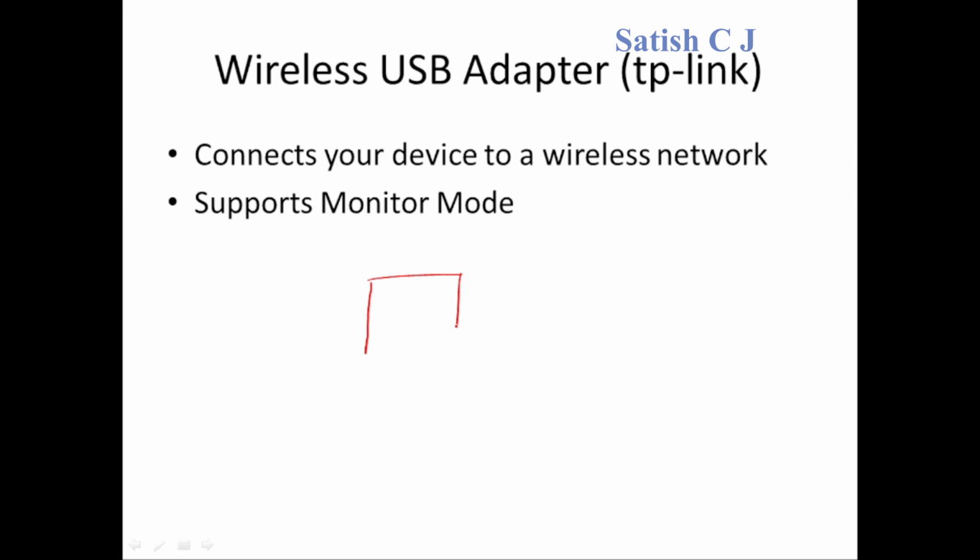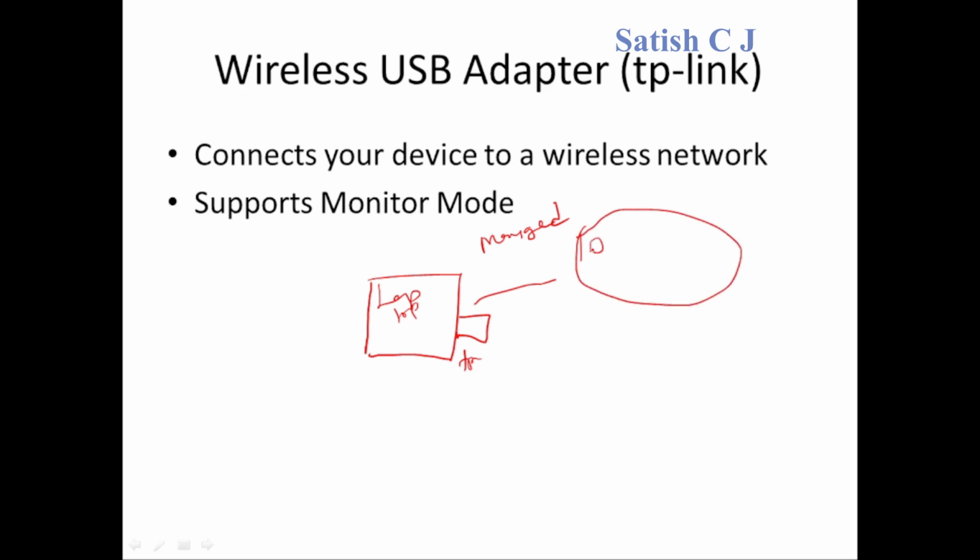So what is the use of an adapter? We plug in an adapter, that is this TP-Link adapter. This is my laptop, where Kali Linux is running on VirtualBox. When it is in managed mode, the adapter is used for connecting to a Wi-Fi network.